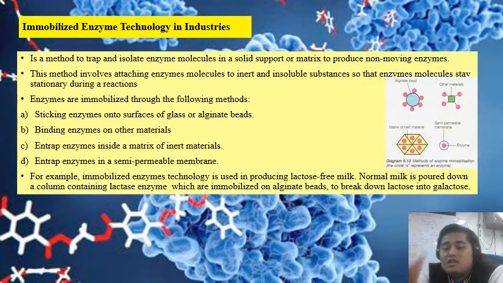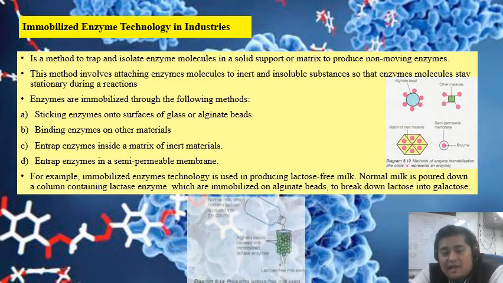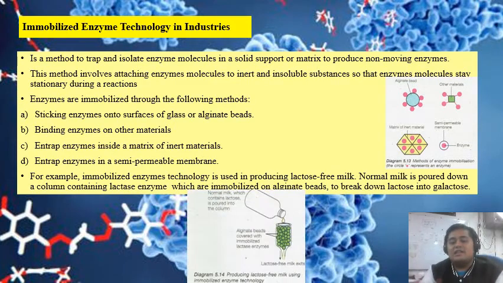Macam nak buang laktos dia, kita convert dia balik dalam bentuk galactose. So cara dia, kita letak dalam satu bekas dan kita tuang. Dalam bekas tu kita ada enzim yang dah siap lah. Contohnya kalau macam laktos ni, kita guna enzim apa? Kita guna enzim lactase. So kita akan tuang kita punya susu tadi dan yang terbentuk adalah galactose.